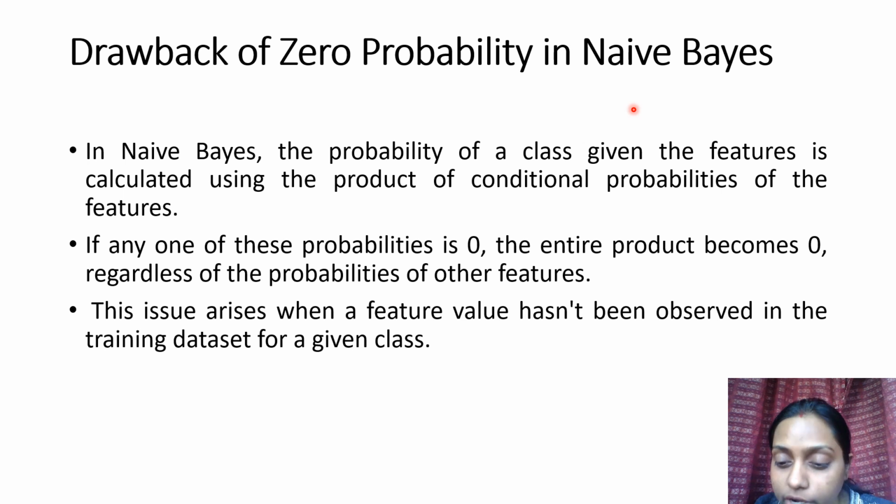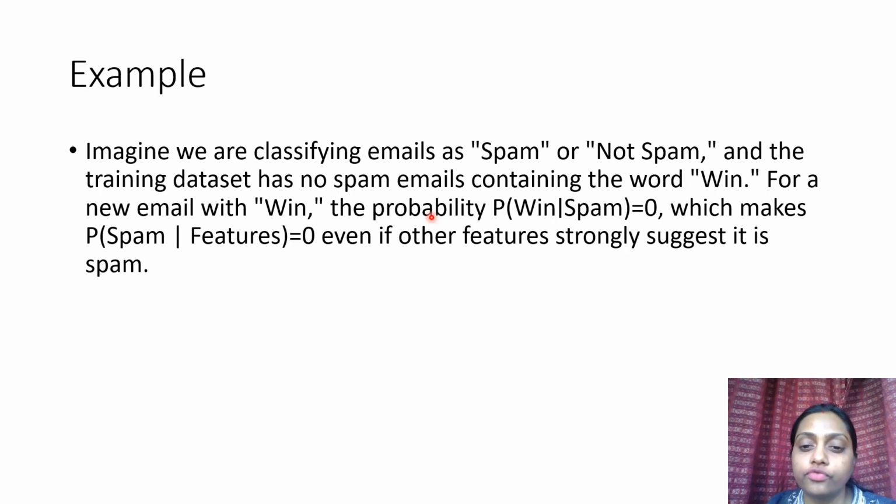Now, how to avoid this problem, or what is the solution? Before discussing, imagine we are classifying emails as spam or not spam, and the training dataset has no spam emails containing the word win. Let's assume for a new email with win, the probability of win conditioned on spam equals 0, which makes the probability of spam based on the features equal to 0.